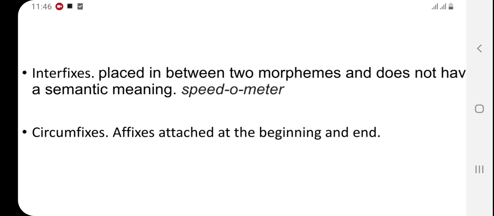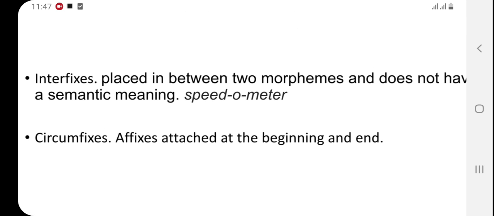When o is attached, it becomes speedometer, a complete noun. So two words are joined together, but this interfix is attached within the word and it changes the meaning. And circumfixes are affixes attached at the beginning and at the end, on both sides of the word.